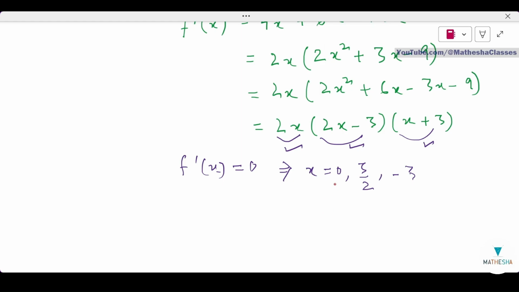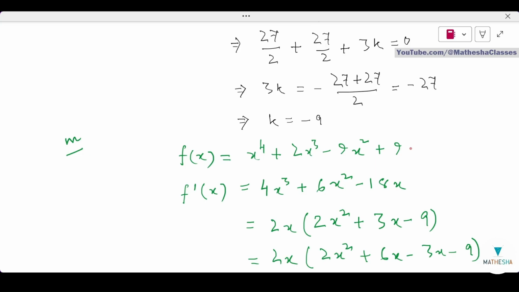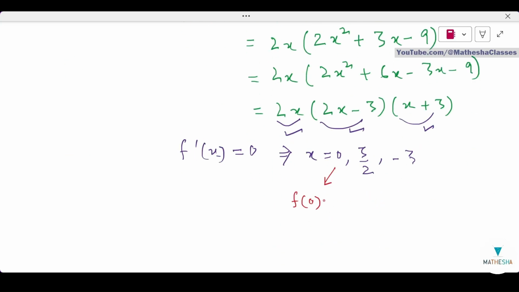When you are calculating the value of f at 0, it will be f(0). So if you put the value of x equal to 0 here, you will be getting f(0) equal to 9. Similarly, if you calculate f of 3 by 2, you will be getting 9 by 16.